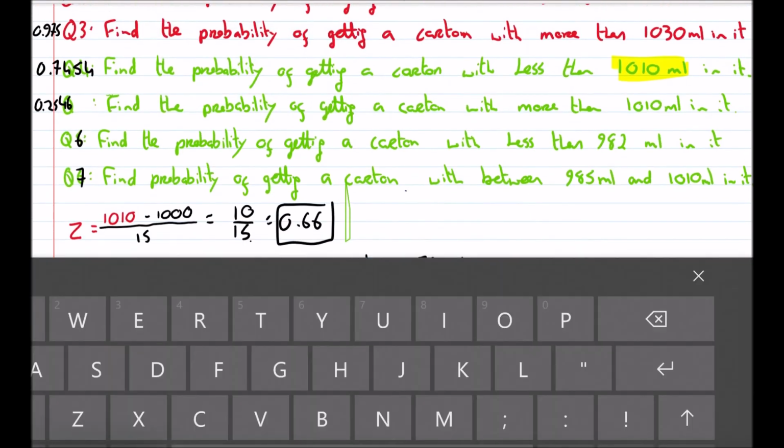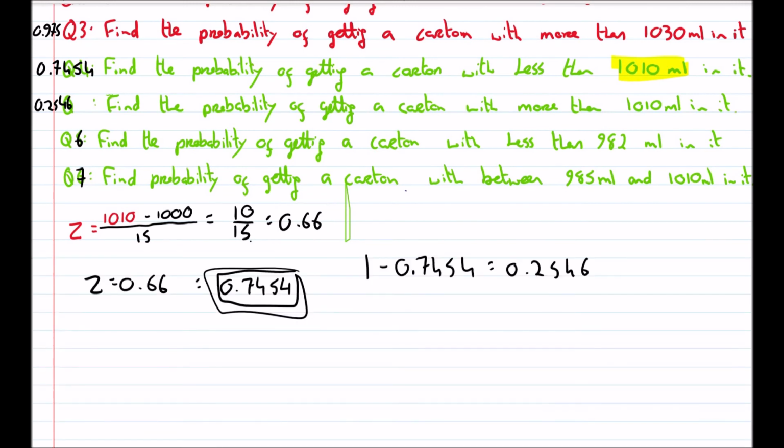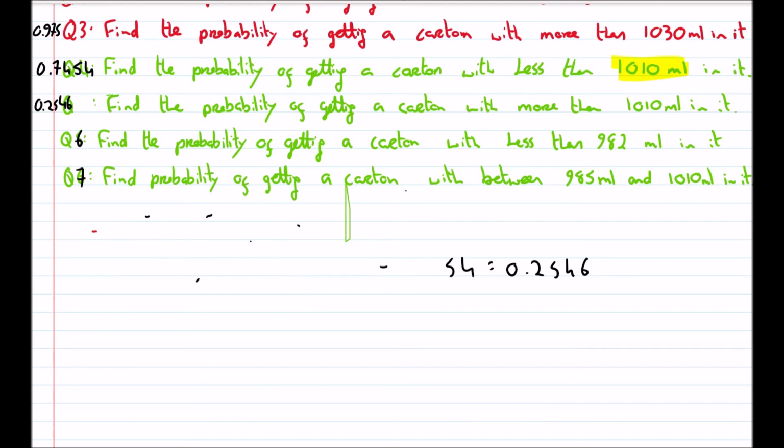So we get our z-score. z equals the number, which is 982, minus the mean, which is 1000, all over 15. That will give us minus 17 over 15.